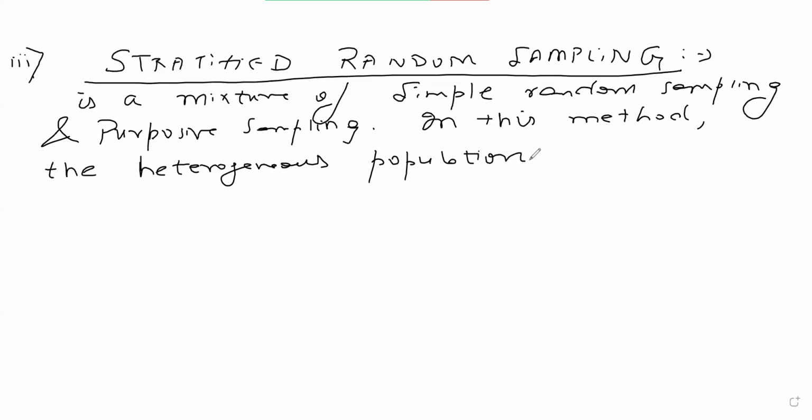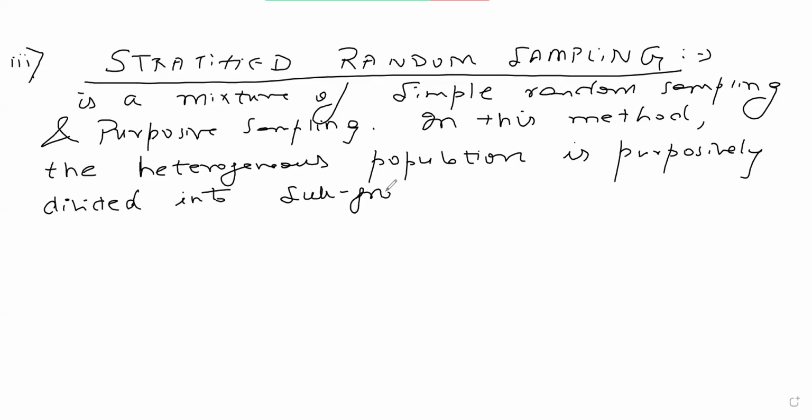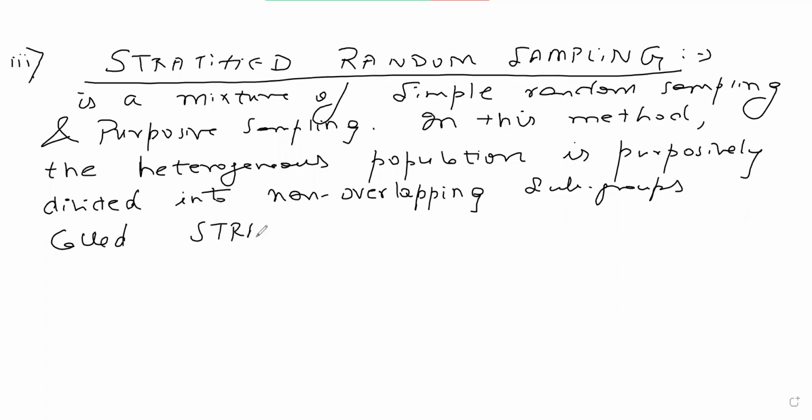So in this method, the heterogeneous population is purposively divided into subgroups. To be more detailed, I can write: into non-overlapping subgroups called strata. Strata are nothing but subsets within the whole population, or I can say subgroups.